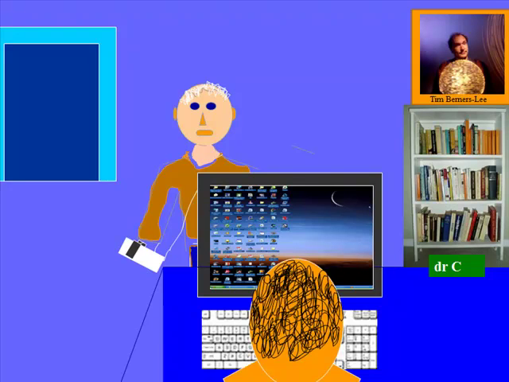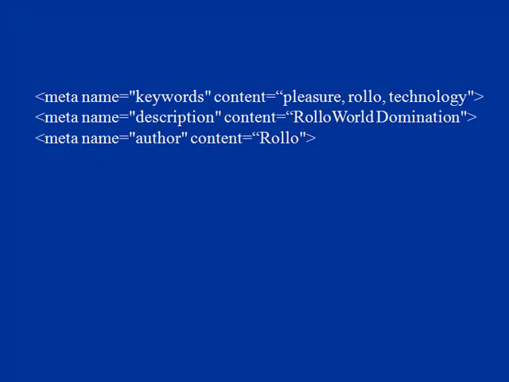Well, I really want search engines to find my page because then I will be along my path to world domination. Here's my web page, a piece of it. Let me show you. So you can see that I'm using the meta tag, and you have these name and content things that I found in a book.